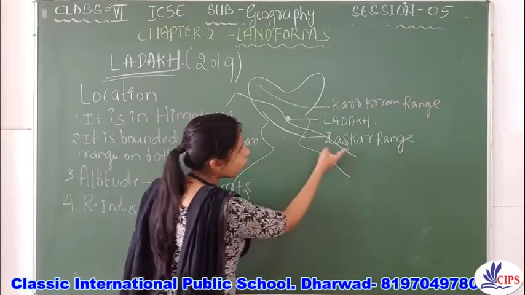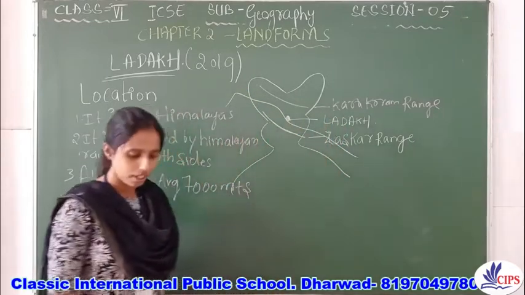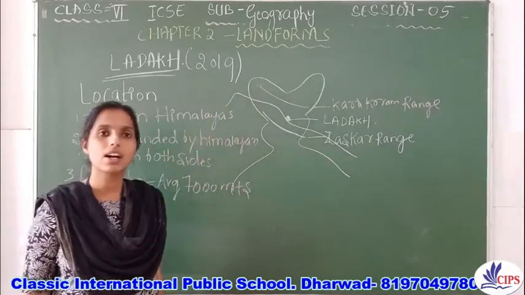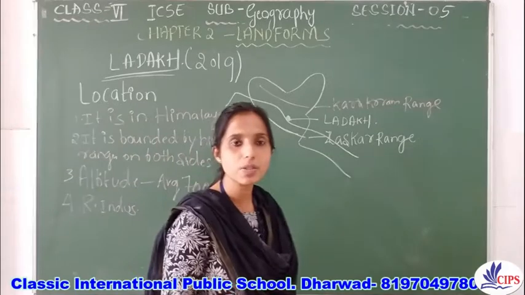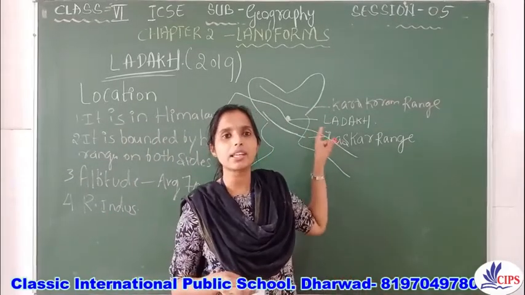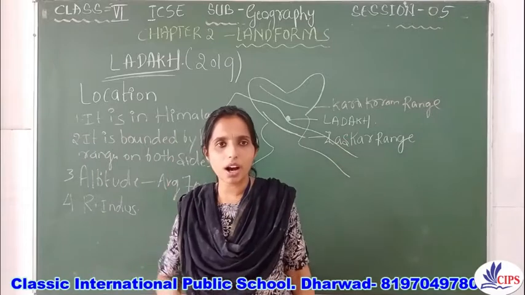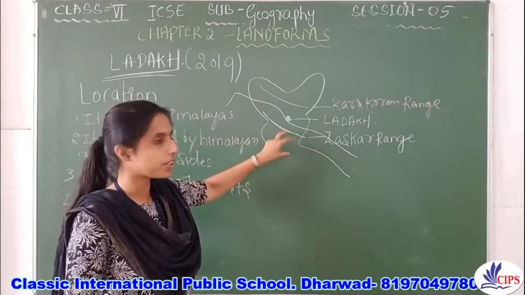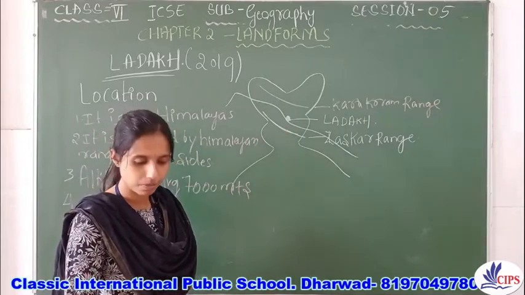River Indus flows through this region. Not only River Indus, many tributaries of the River Indus also flow in this region, like River Nubra, River Jaskar, River Shyok. These are some of the rivers of this region.